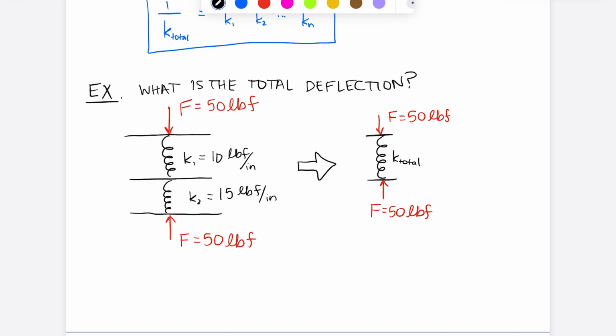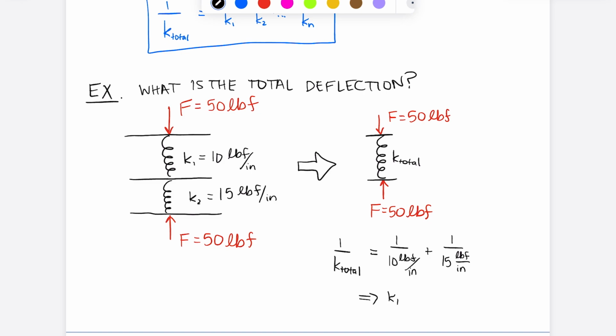So let's combine our spring stiffnesses to find K total. 1 over K total is equal to 1 over K1, which is 10 pounds per inch, plus 1 over K2, which is 15 pounds per inch.